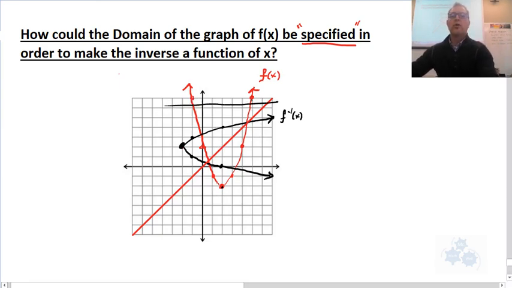Okay? So really what we're trying to say is, if I got rid of half of this parabola, like this one right here, I would actually get rid of half of its inverse.